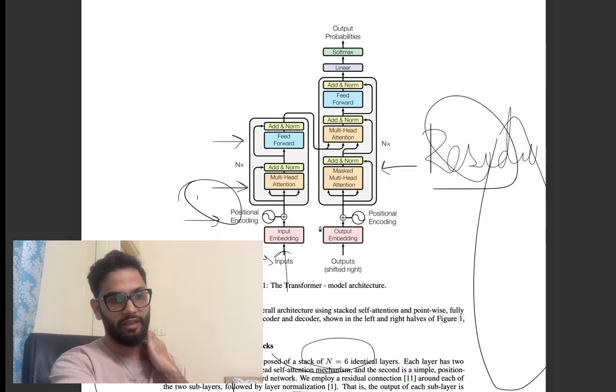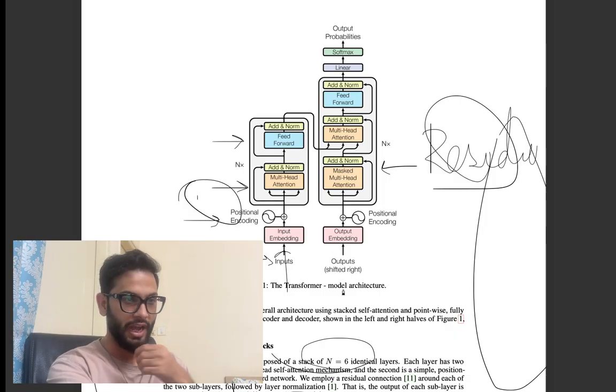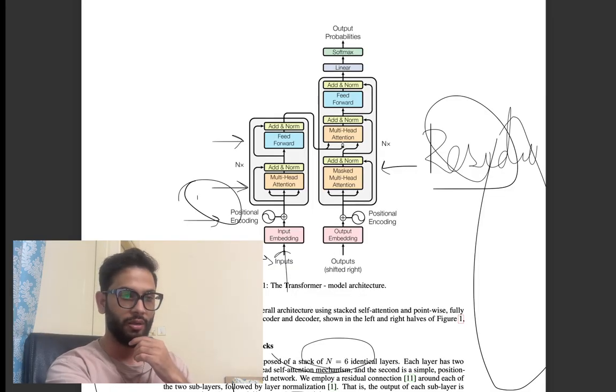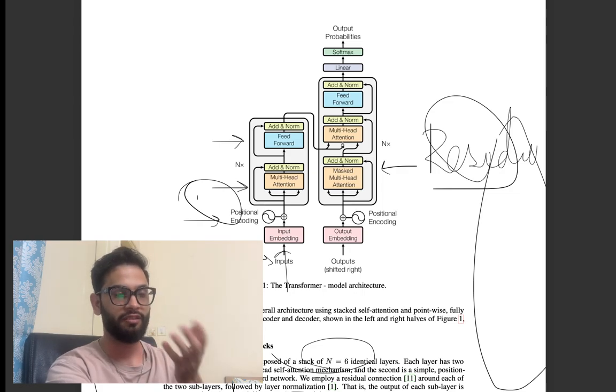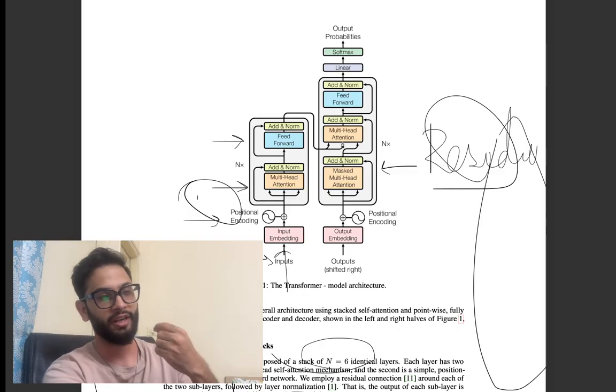When I'm training my transformer, I'm feeding the entire sentence into this encoder. But that is not the reality, right? When we use this transformer during inference, it will not know the entire sentence. It will be predicting word by word.